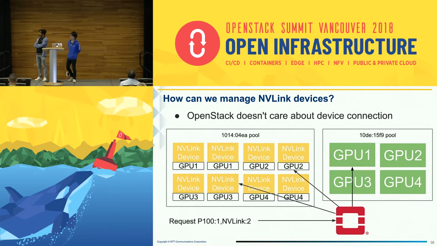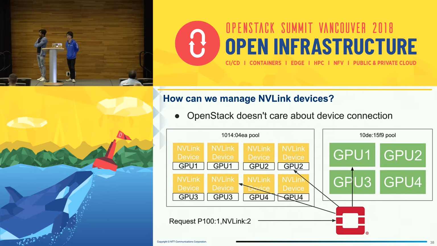Next, how can we manage NVLink devices? NVLink devices are also PCI devices. It seems to work to use the OpenStack PCI pass-through function, same as for the GPU. But OpenStack does not know which device is connected to which GPU.